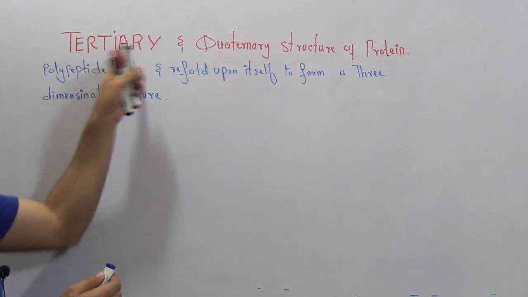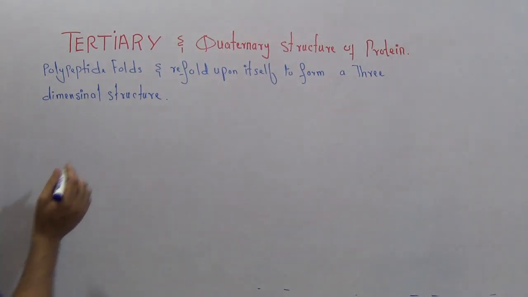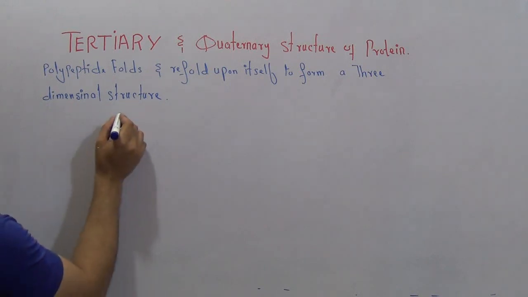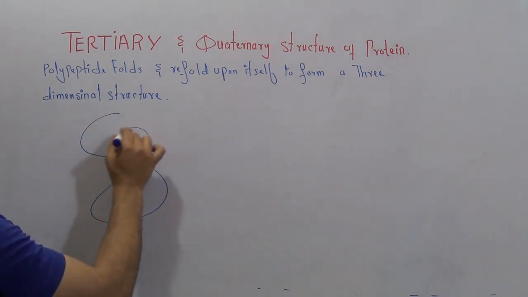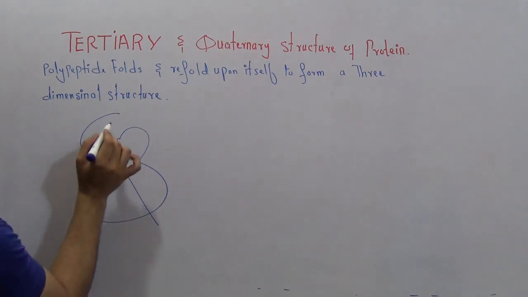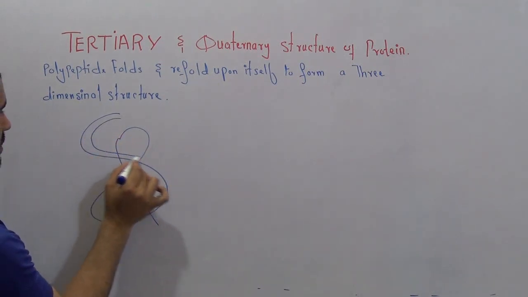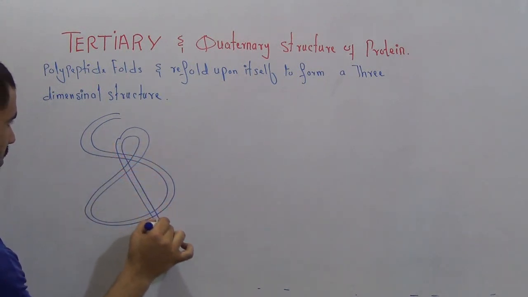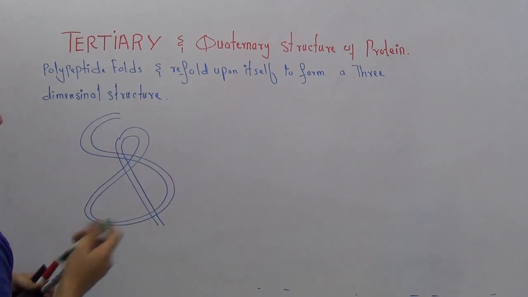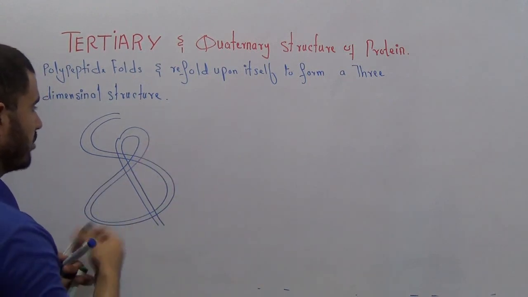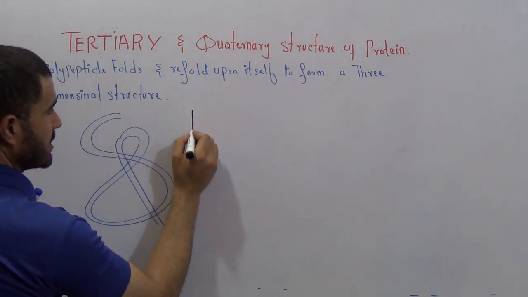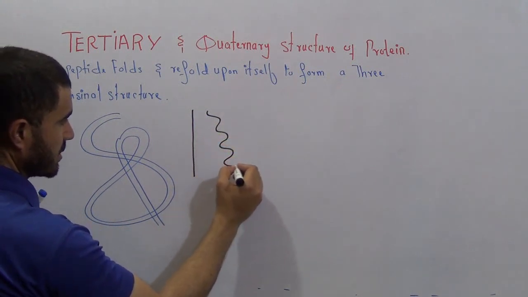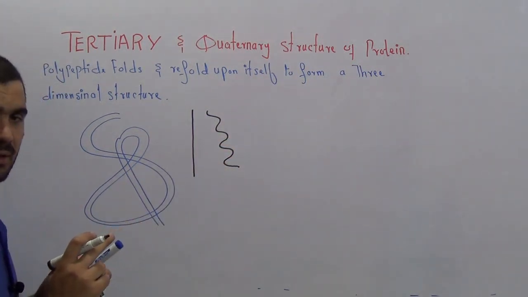In order to understand this concept of tertiary structure, I would like to draw a diagram here. We said that when a polypeptide, this is a straight chain polypeptide, makes some sort of bend or twist, it is called a secondary structure.